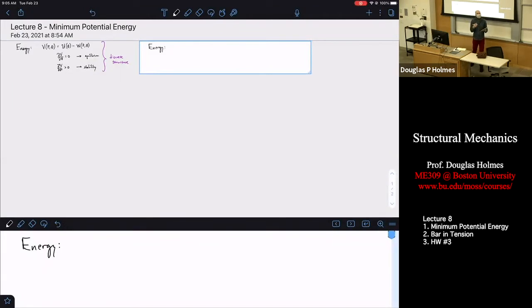So for instance, if I pull on or twist or bend a continuous structure, every material point in that continuous structure might deform a little bit. So if here's my bar, you can imagine speckling this thing with dots and stretching it and trying to see how those dots will either move further apart or get closer together, depending on which loads I'm applying there.